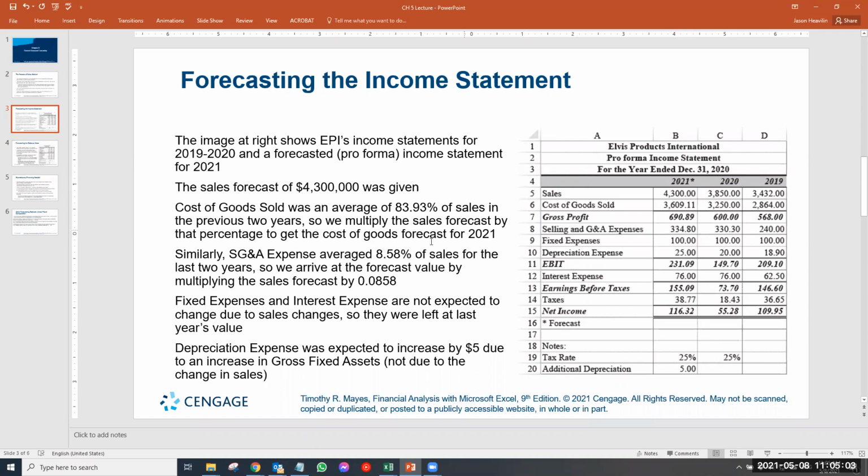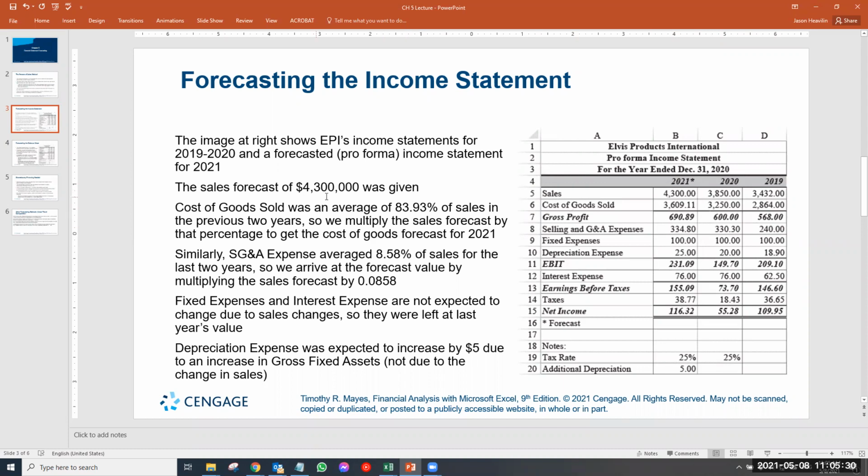The example that they talk about here, even though it applies to most of these things, is that they took the cost of goods sold, they took the average of the last 2 years, and the average was 83.93%. So it doesn't mean that each year was exactly 83.93. They took the average and assumed that the average will hold true for the year being forecasted.